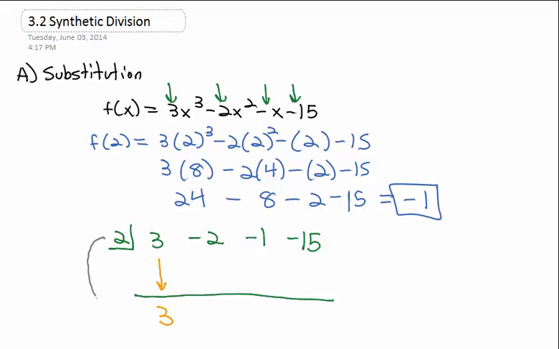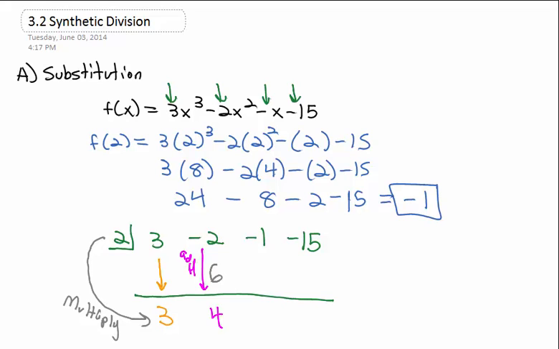Then we take the 2 and multiply by what's in the bottom row. 2 times 3 is 6, and I'm going to stick that up here underneath the negative 2. Now I add my column straight down. Negative 2 plus 6 is 4. Then we repeat this process.